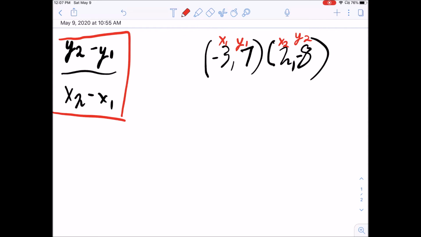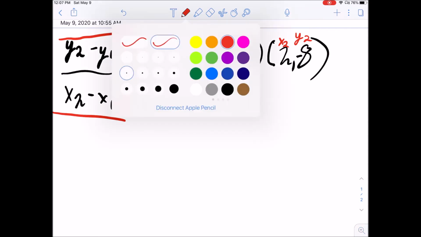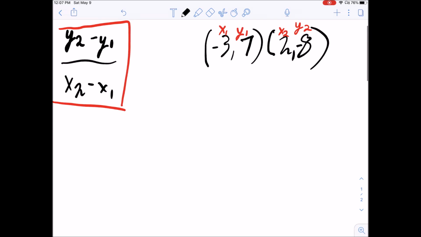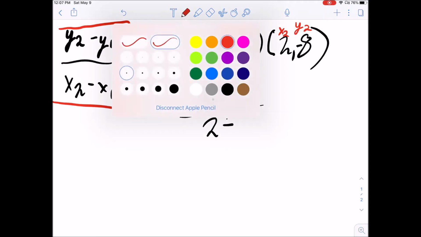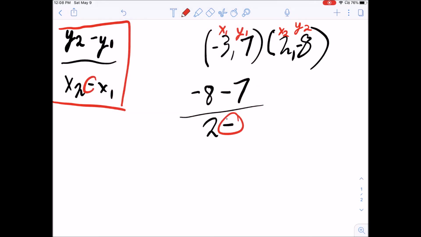So basically, let's plug those values into the formula here. We got y2 minus 8 minus 7 over, we got x2 and x1. So 2 minus, alright, so we have two minuses here. We have this minus and we have this minus. When a minus and minus multiply each other, they will become positive.